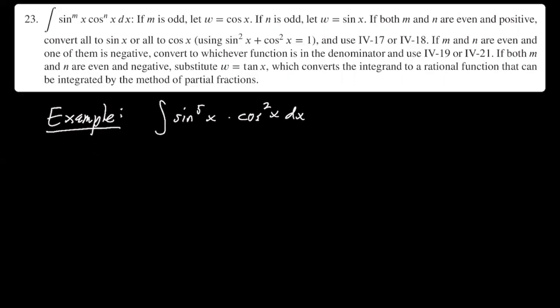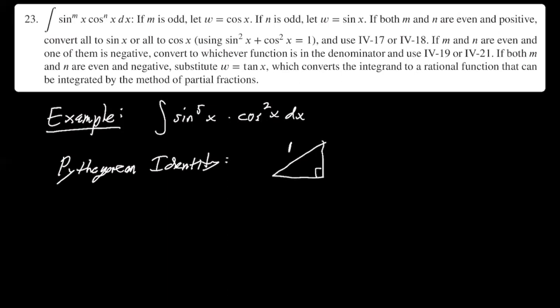A really important identity is this Pythagorean identity right here, that sine squared x plus cosine squared x equals 1, right? Let me just make a comment about this. It's called the Pythagorean identity because you basically have a right triangle, and if the hypotenuse is 1 and this angle is x, then the base of the triangle is cosine, because that's adjacent over hypotenuse.